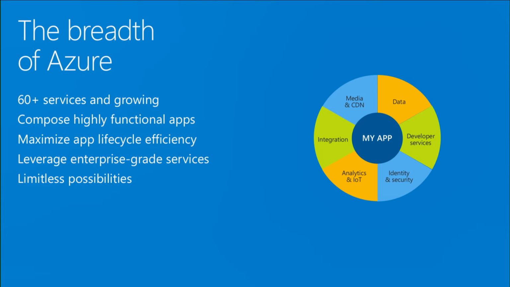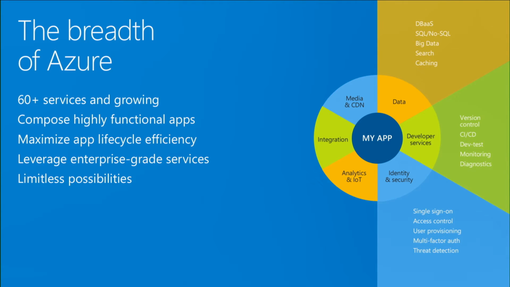We can maximize the efficiency of your ability to deliver in the lifecycle with continuous integration, continuous deployment, the fact that services are always there, and we have things like staging slots that allow you to easily swap out implementations directly into the cloud. And our services are enterprise grade. They run in the biggest set of data centers of any company in the world. We're in more locations than anybody else, which gives you the ability to do anything really that you imagine.